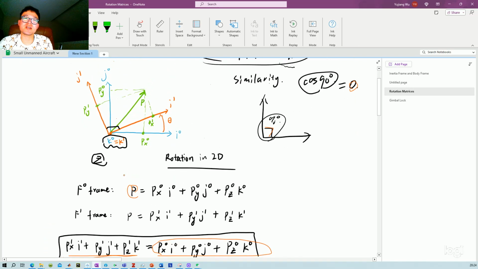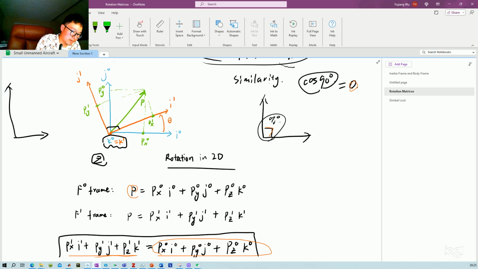So interestingly, right now we are talking about the frame rotation, but if we fix the frame, we are actually rotating the P backwards by theta. These are essentially the same thing, right?